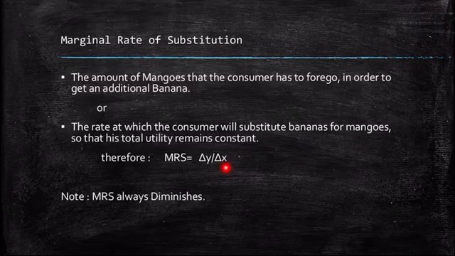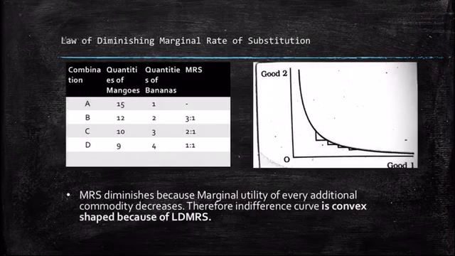But here you have to note that MRS always diminishes. Can you tell why? To understand why MRS always diminishes, you have to remember the law of diminishing marginal utility. Can you tell me what the law of diminishing marginal utility states?